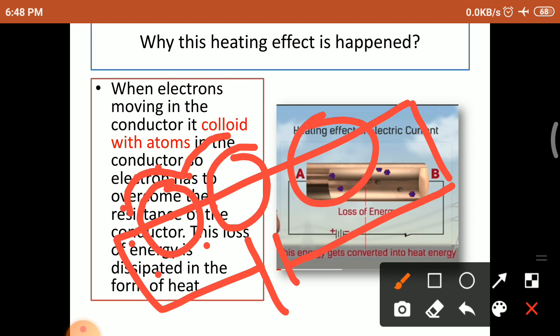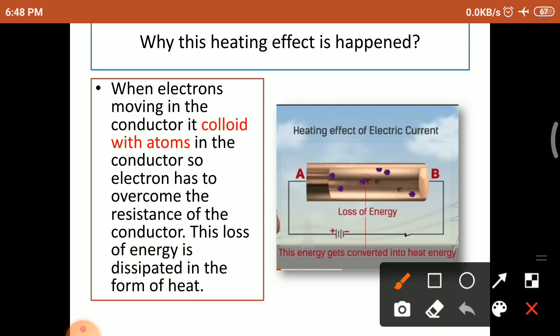Due to that colliding with the atoms, they overcome the resistance of the conductor. Listen, once again I will explain. When electrons move in the conductor, they collide with the atoms in the conductor. So electrons have to overcome the resistance of the conductor. This loss of energy is dissipated in the form of heat.